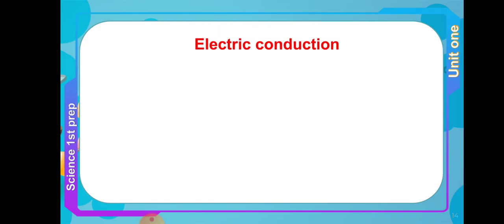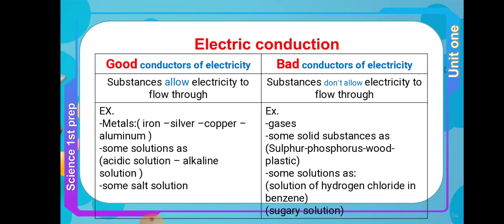Now we are going to study the physical property called electric conduction. Matters or substances are divided into good conductors and bad conductors. Good conductors are substances that allow electricity to flow through, but bad conductors are substances that don't allow electricity to flow through.